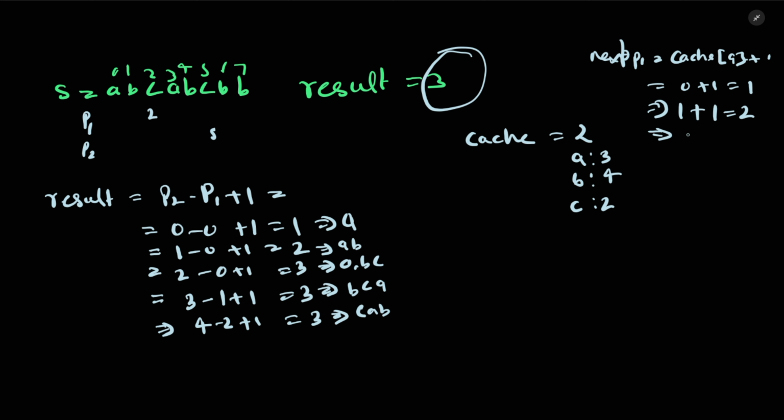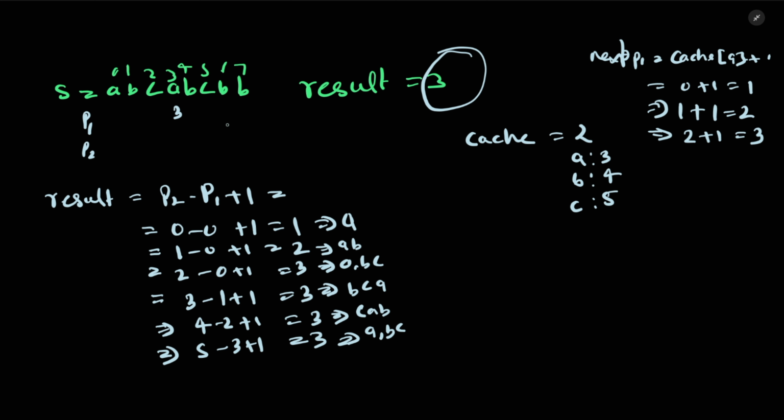So this will be previous position of c plus 1, so this will be 3. So we will move the p1 to here, 3, and since we have moved, now we need to calculate the length. So this will be 5 minus 3 plus 1, and this will give us 3, and the output will be a b c. So this is the substring, and we need to update the current index of the c. So current index of the c is 5.